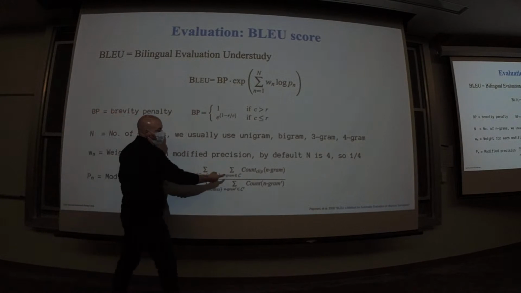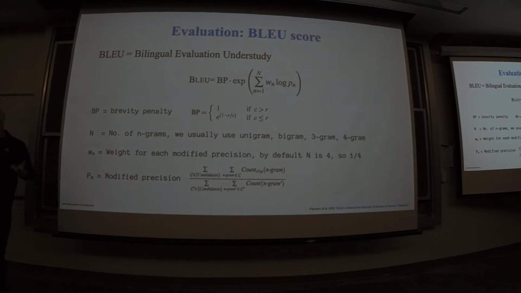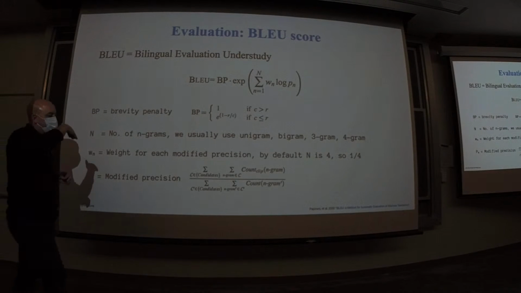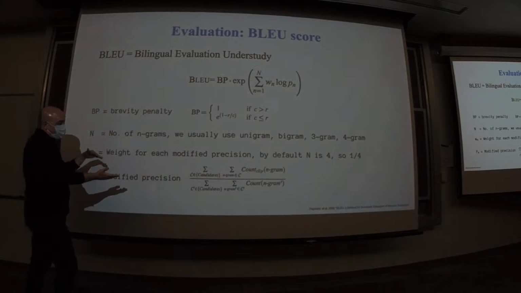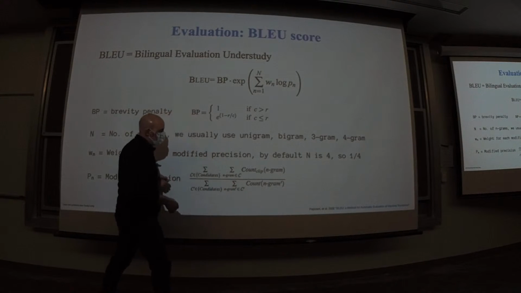There's a slight modification here, this clip, and this clip is really just a way of making sure we don't do any overcounting. There's an expected max. You calculate a max number of possible n-grams, and you don't let this number get above that. So what that does is make this number between 0 and 1.